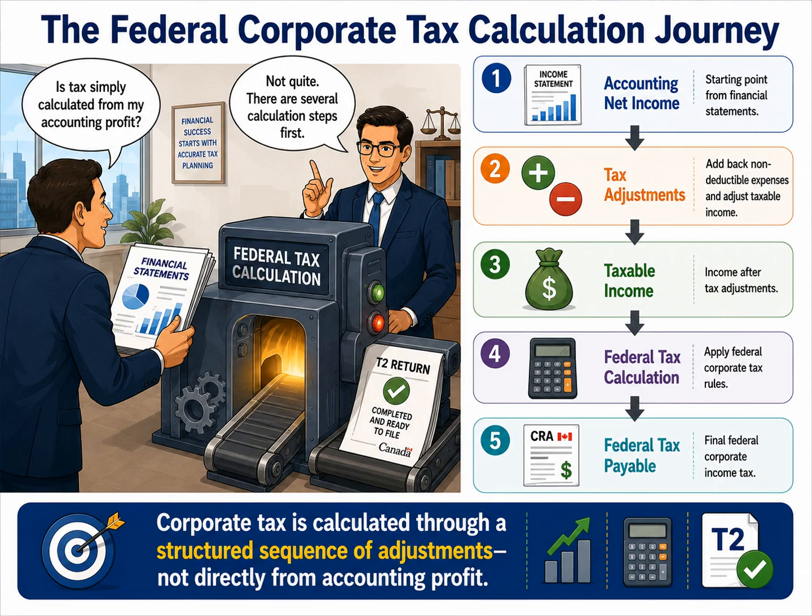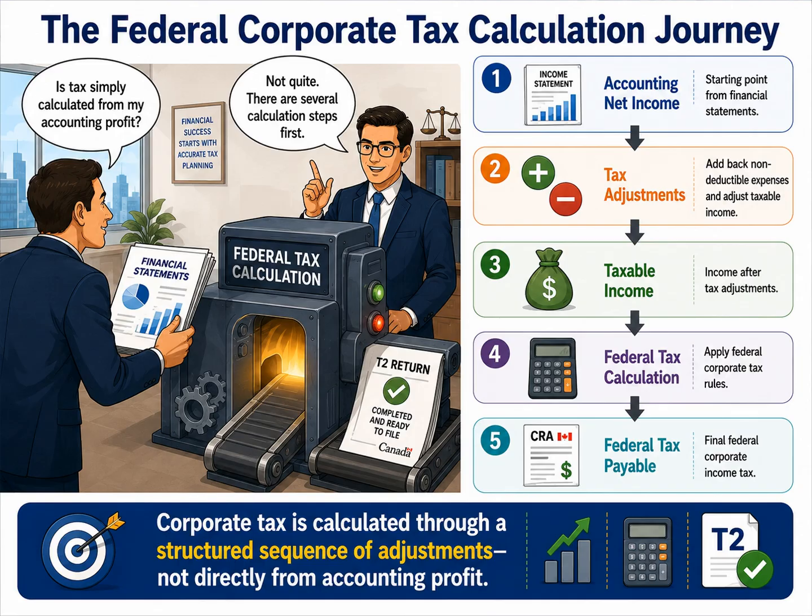The next step is to make tax adjustments. Certain expenses that are acceptable for accounting purposes may not be fully deductible for tax purposes, while some deductions permitted under tax legislation may not appear in the accounting records. These adjustments increase or decrease accounting income to arrive at the amount recognized under the Income Tax Act.